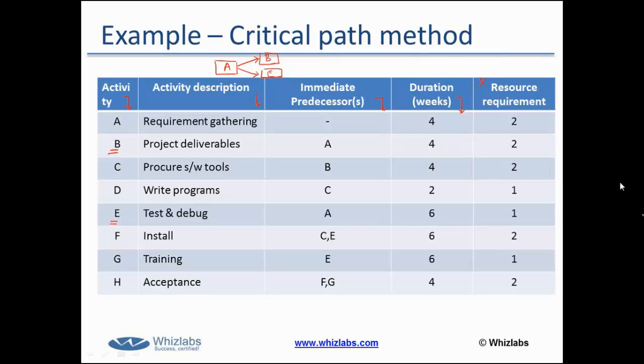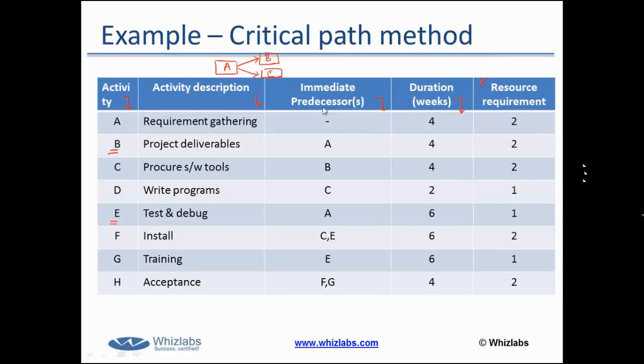Guys, is it difficult to understand? This is how you can draw the network diagram to plot the schedule of a project. I repeat quickly, I first found which is the activity that does not have any immediate predecessor activity, and then I found which are the activities that have A as its immediate predecessor activity.